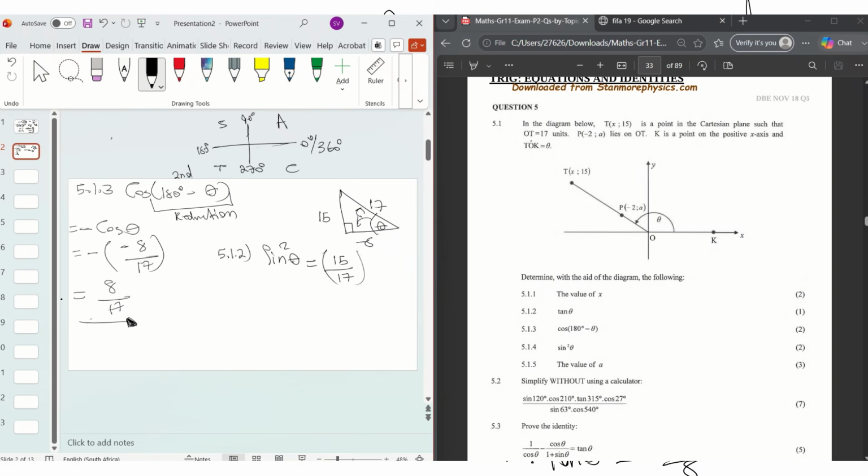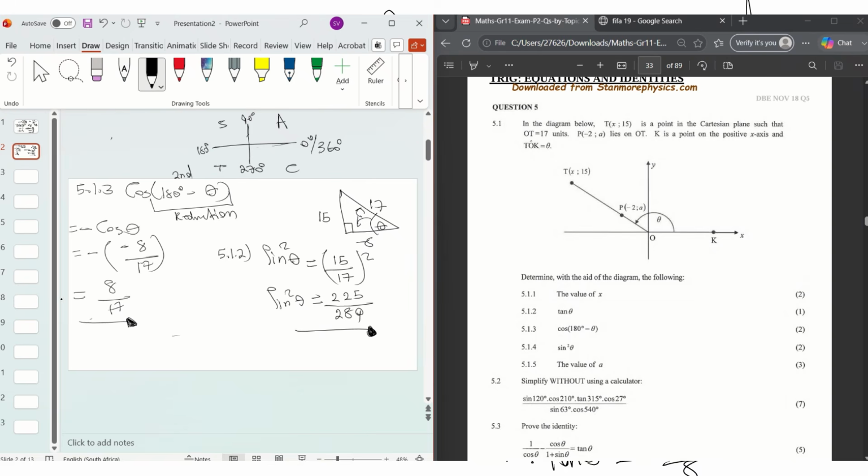So you just have to square everything there. So now we have sine theta squared as 15 over 17 all squared. That will give us 225 divided by 289. That will be our value there.